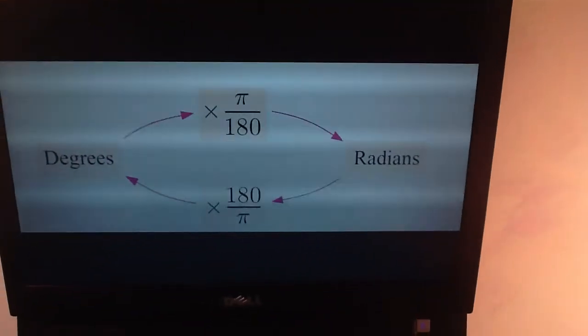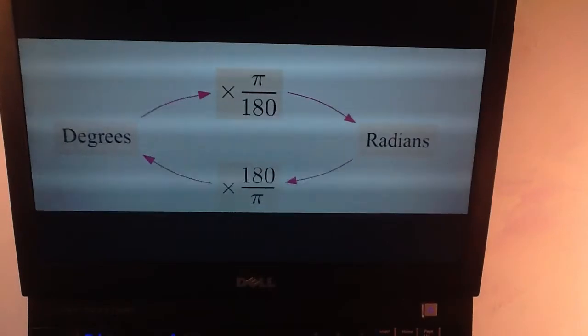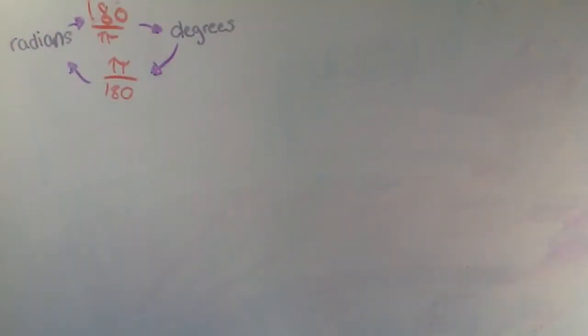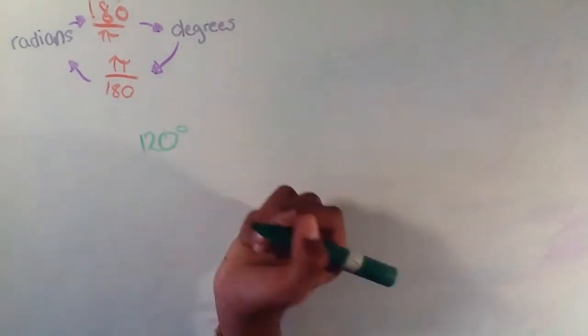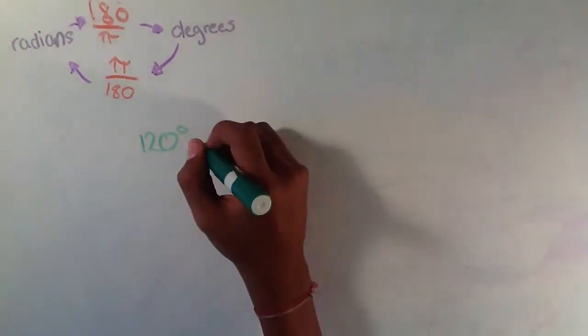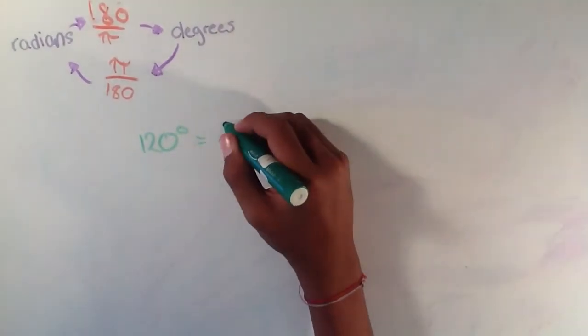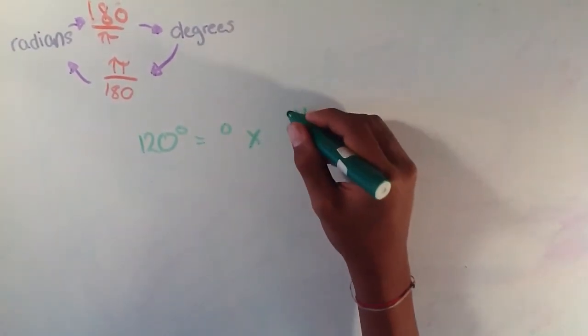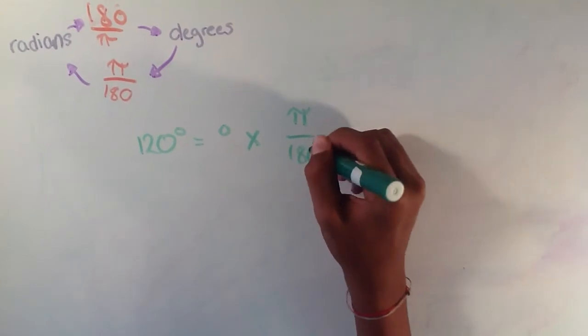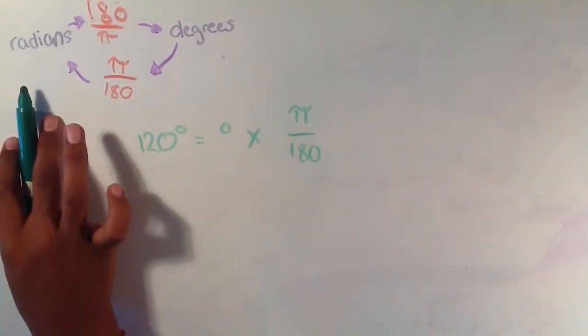The conventions in higher mathematics are to only use radians. So to convert back and forth, we can use this trusty diagram. Let's go through a few examples. If we consider 120 degrees, when using the formula, we have to use degrees times pi over 180 to convert from degrees to radians.